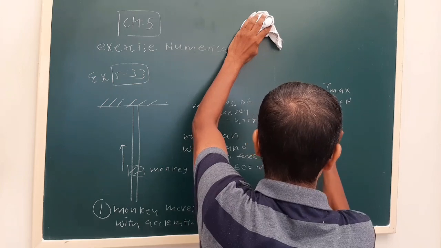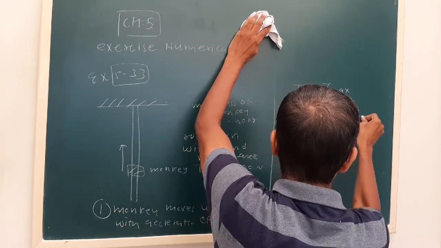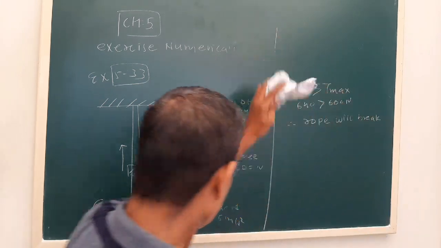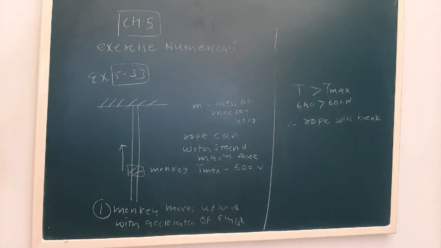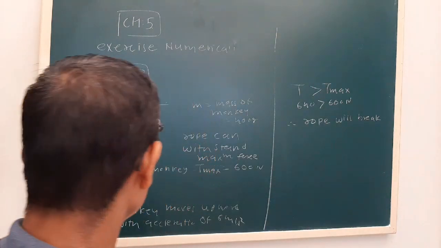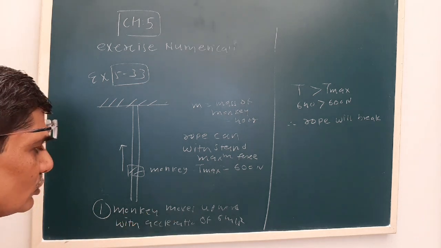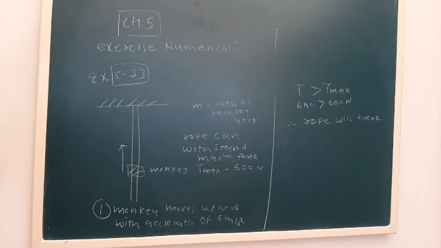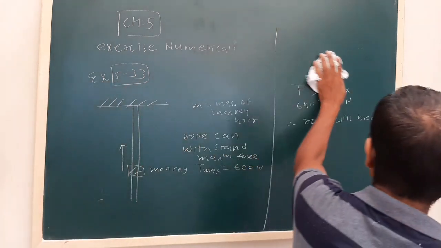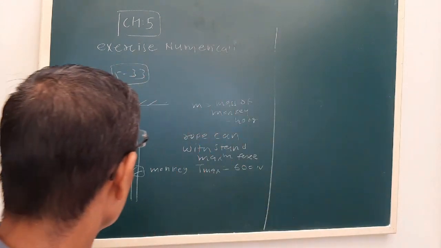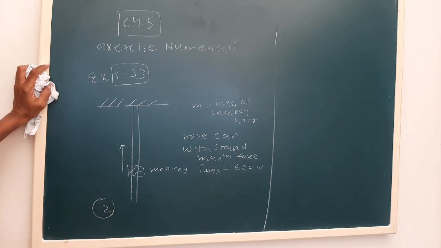Therefore, the rope will break. That is the first possibility we have discussed. Now we can discuss the other possible parts given also.